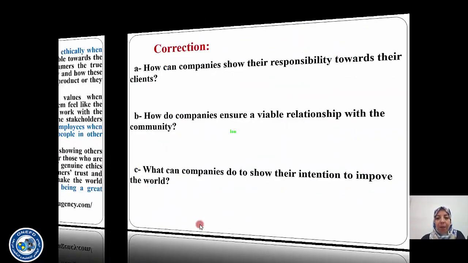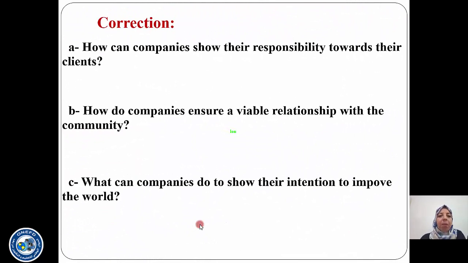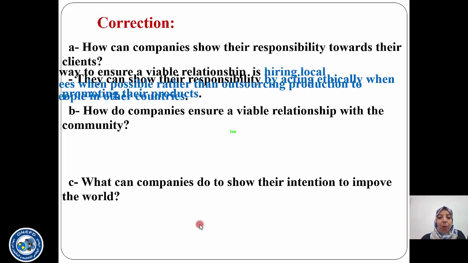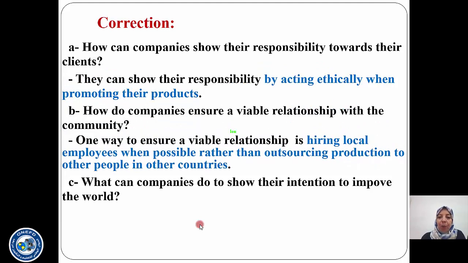Let's see them all together here. So for the first one, they can show their responsibility towards their clients by acting ethically when promoting their products. So concerning the viable relationship with the community, one way to ensure it is by hiring local employees when possible, rather than outsourcing production to other people in other countries.